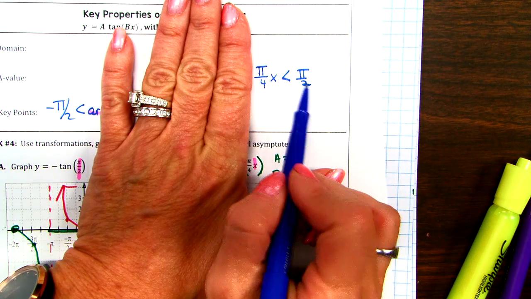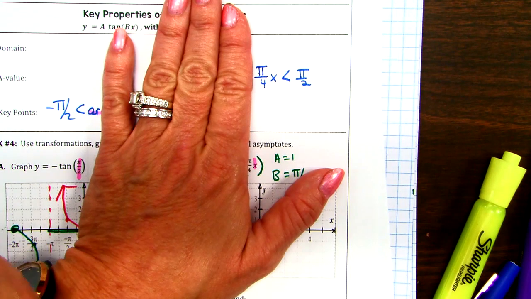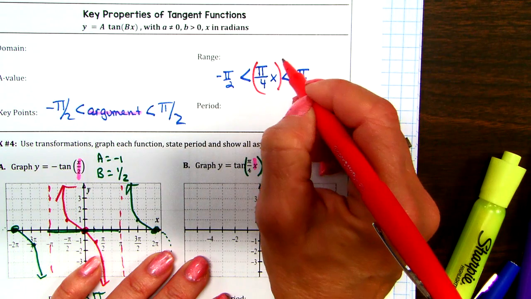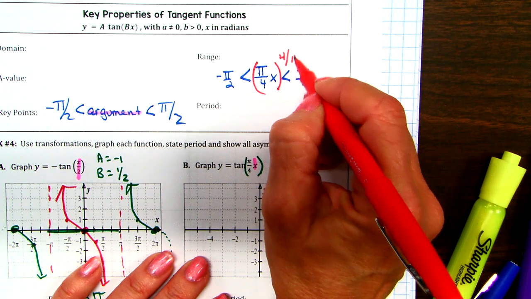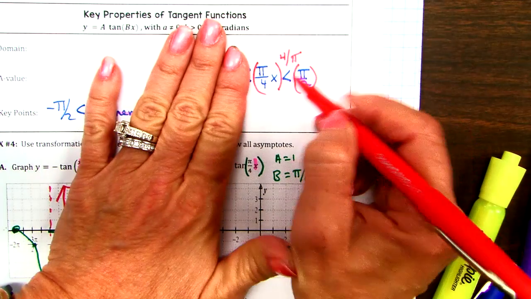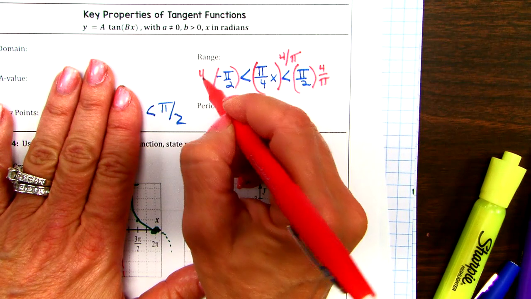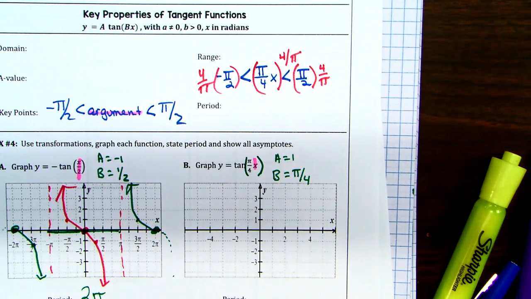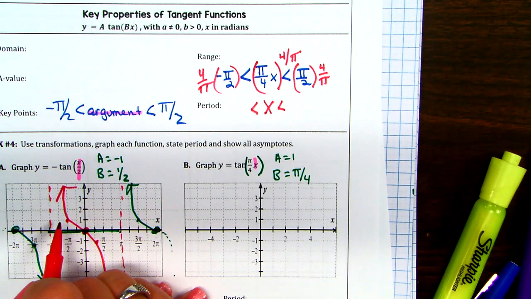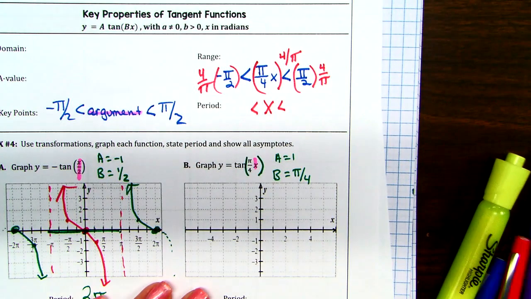But since I have fractions over there, and this is a fraction, why not do the other way of doing it? Instead of dividing by pi over 4, I can multiply by 4 over pi. Whatever I do to the middle, I have to do to both of the asymptotes. So you should be left with x in the middle. That's your goal. And then the pi's will cancel, right?